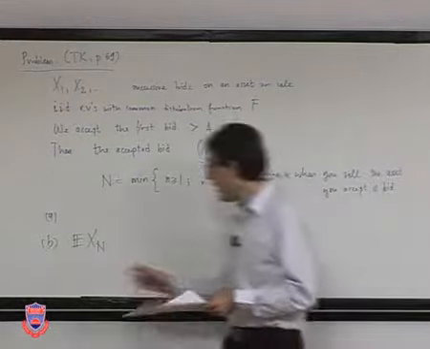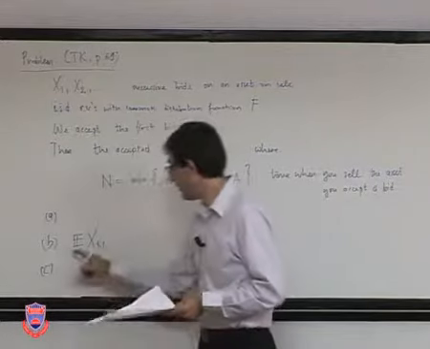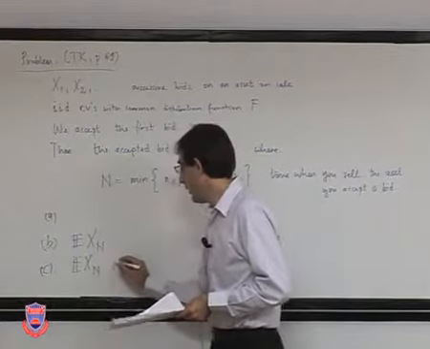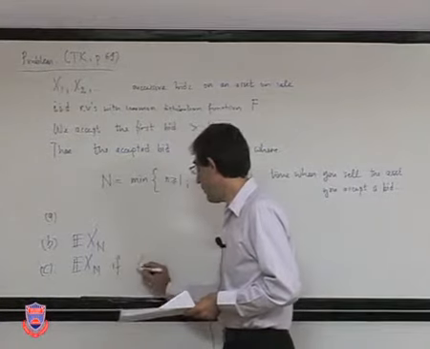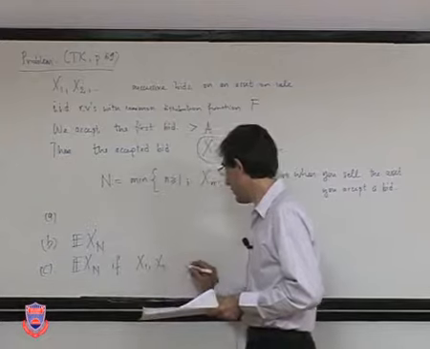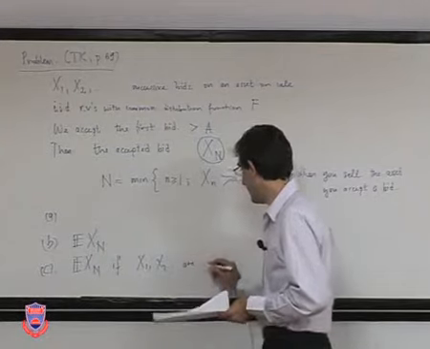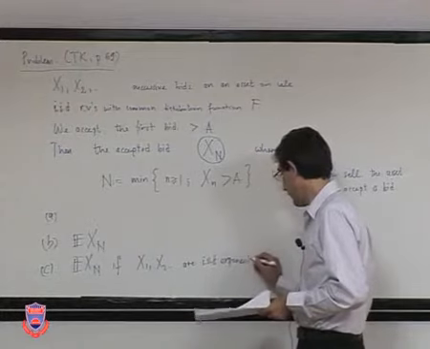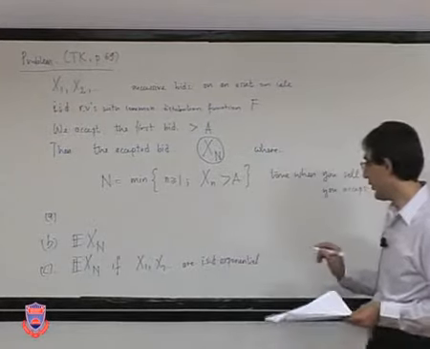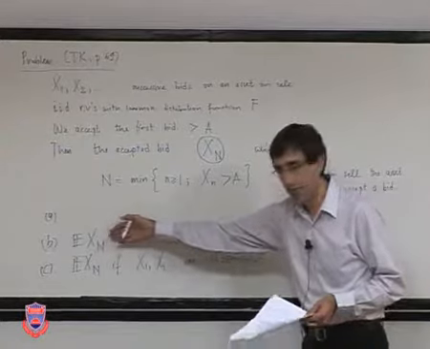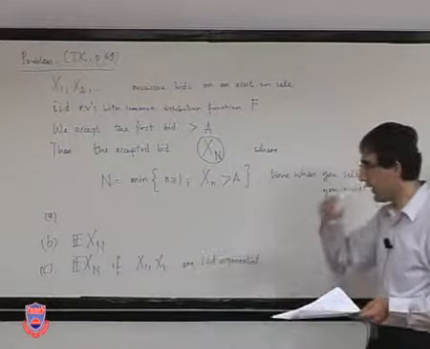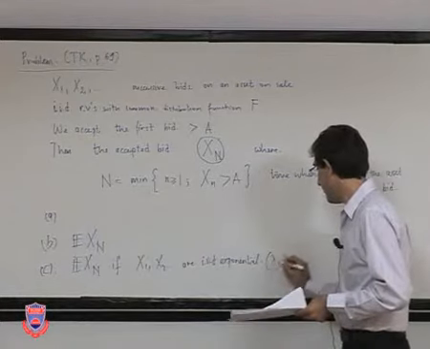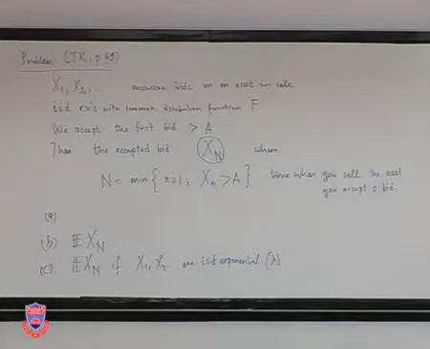And we will revisit this problem, if you know that X1, X2, all these bids are IID exponential random variables, so we'll do some more concrete calculations. We will get a general answer in this second part, and in the last part we would like to get some concrete numbers or a more concrete expression if lambda is just a general quantity.